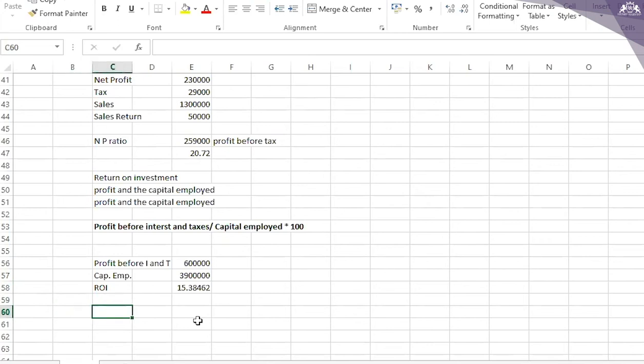Suppose net profit after tax is 1,20,000. Tax is 1,68,000.